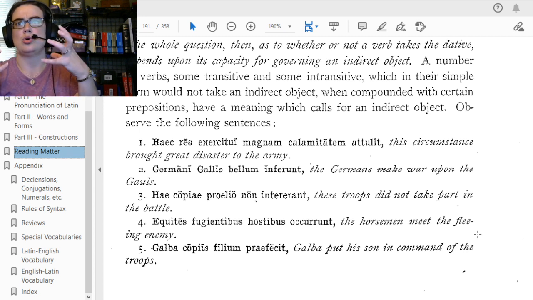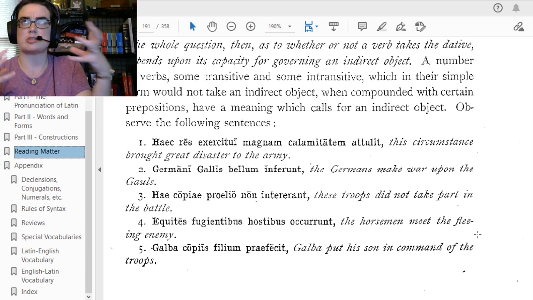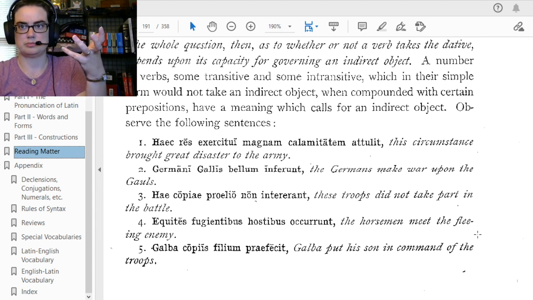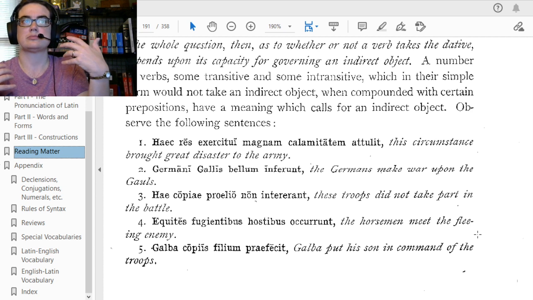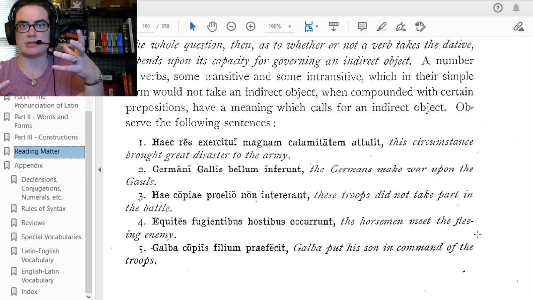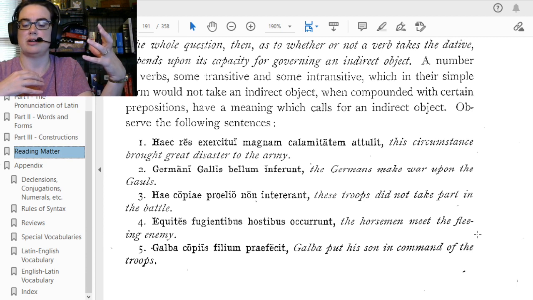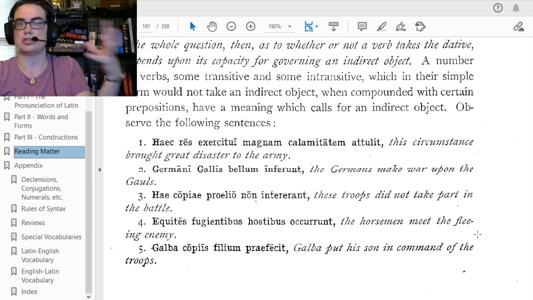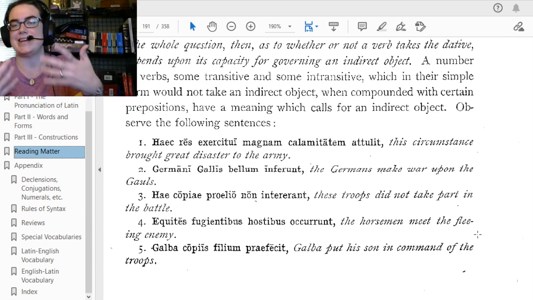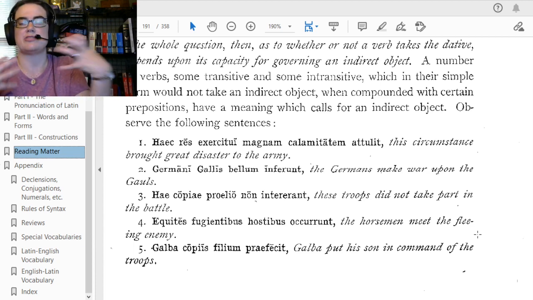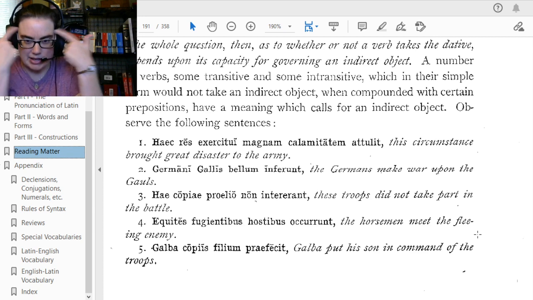The horsemen meet the fleeing enemy. This is an even better example. Sounds like fleeing enemy should be accusative because it's who they meet. But occurrunt is from the prefix ob and the verb curro, to run towards. And because of that compound nature, it's taking an indirect object or a dative direct object because there's some sort of implied direct object in the head of the Romans.